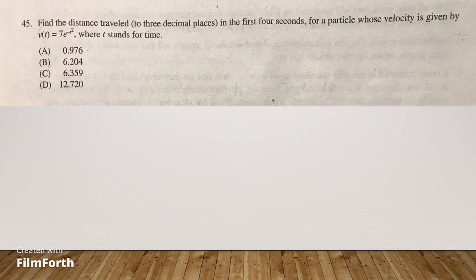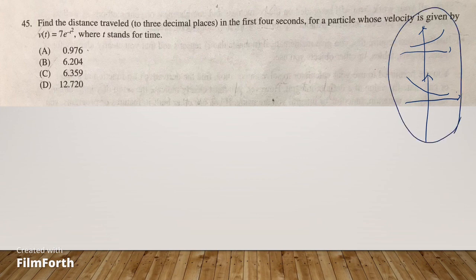But in our question, the velocity function is an exponential function, and as we learned, an exponential function is like this graph, and from the graph we can tell the range is always greater than 0.